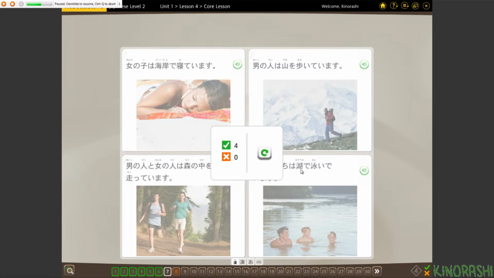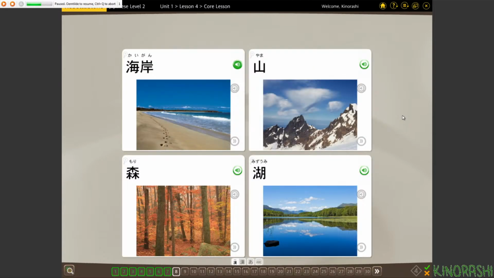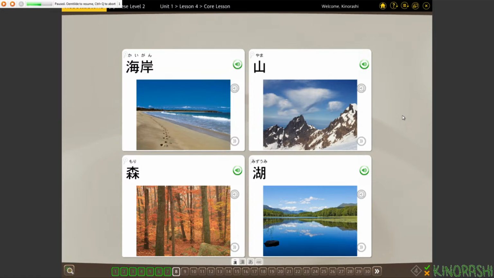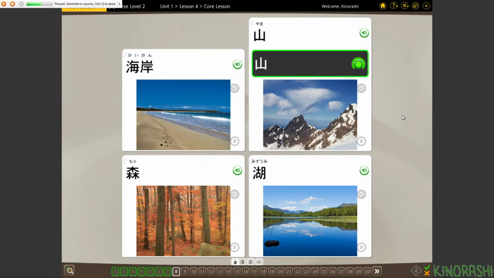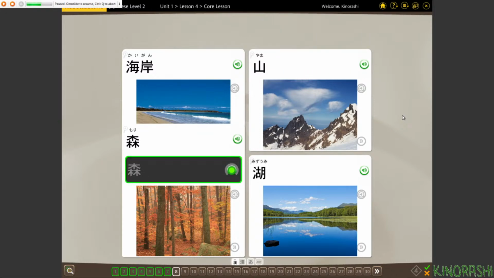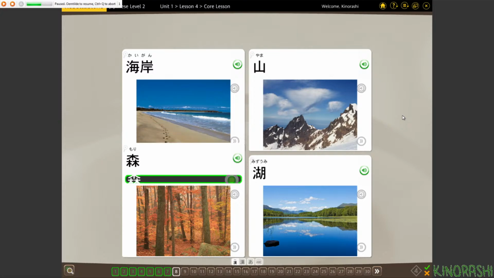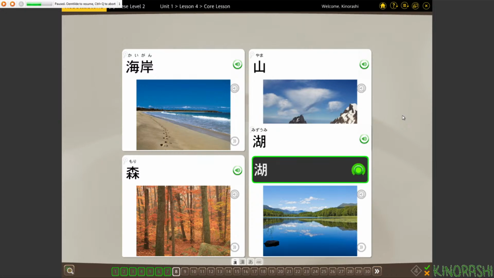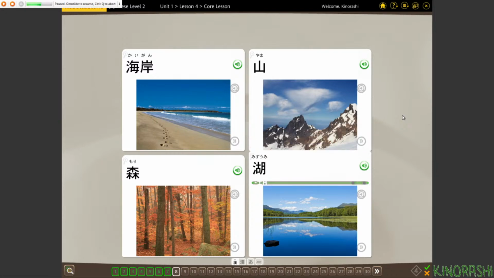I'm guessing that's supposed to be river. Let's see, this is about to tell us. Kaigan. Yama. Mori. Mizumi.